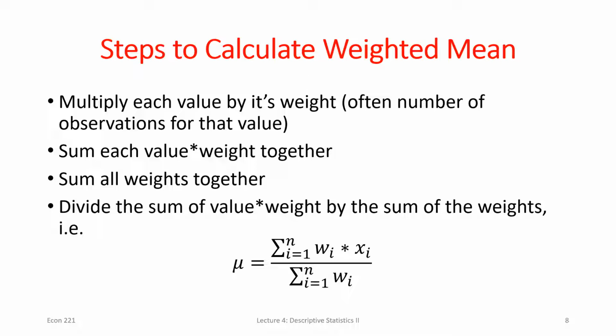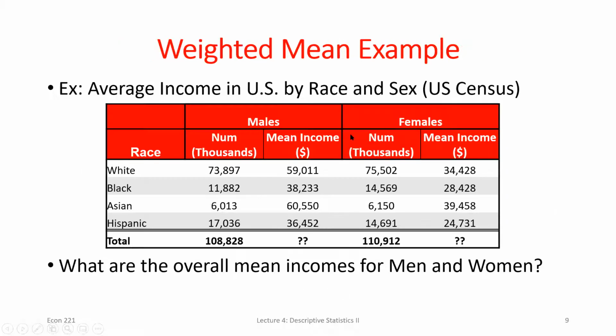So we've got this equation. Let's look at some actual data sets. You can go to the Census Bureau, and they have a huge sample of people, and you can get income reported by different characteristics. Here, I can get a table from them that has income broken down by race and gender.